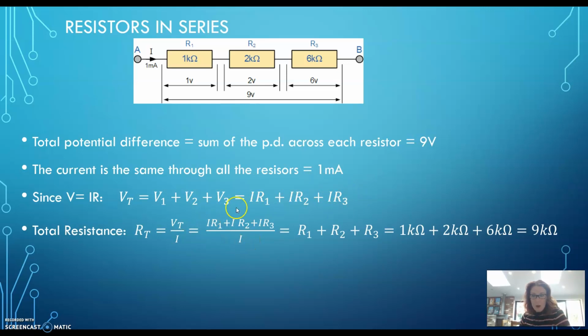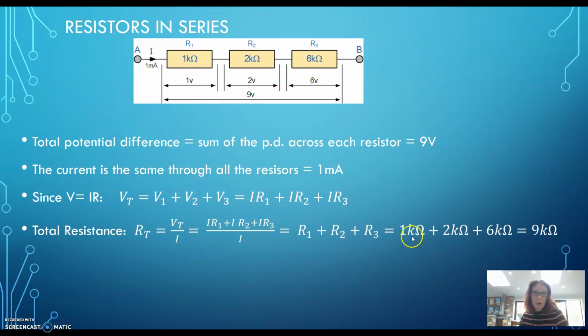And as you can see, all of those currents are then going to cancel out. So you'll get the total resistance is equal to R1 plus R2 plus R3. So this is a proof of this rule. If you get asked to prove it, this is the process you go through.